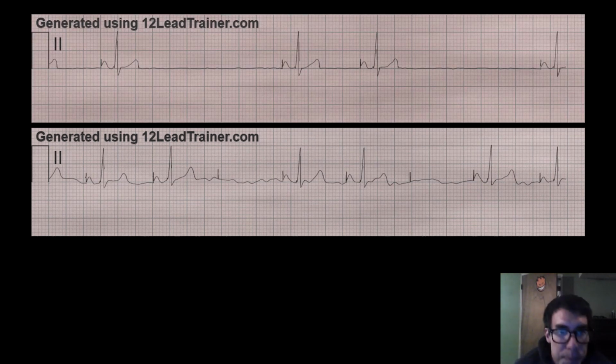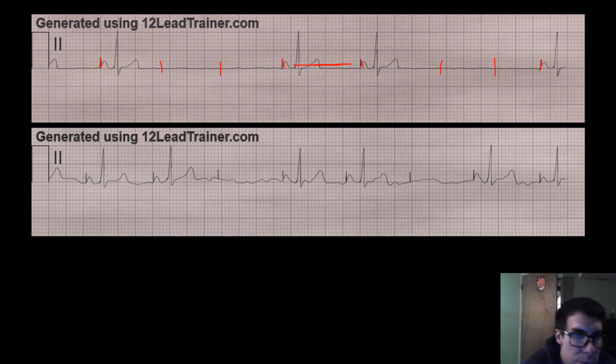Alright, so now we're going to practice these. So up top here, got a pacer spike there, there, there, and there. So this is probably the interval we're looking for. So we'd expect one there, probably there, and then there, maybe there-ish.